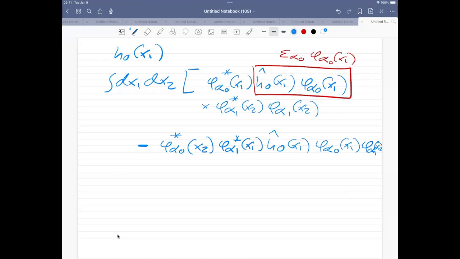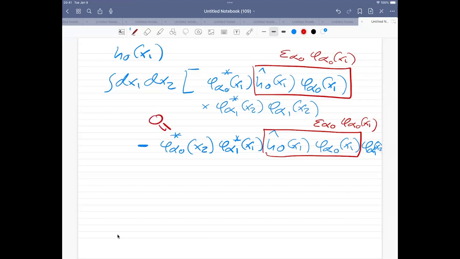In this case, the operator is again acting on this state here, so with these two I'm getting an epsilon alpha 0 times phi alpha 0 of x1. But what happens with the rest? What should we get from that, since we have an orthogonal basis? Yeah, this term is equal to 0.